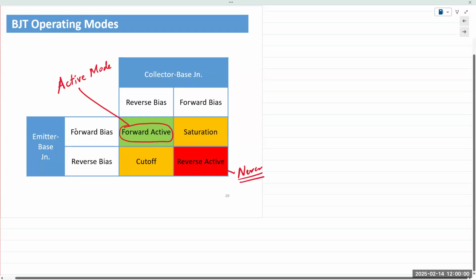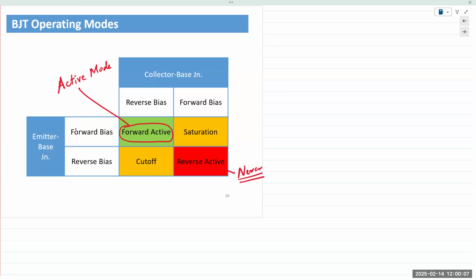It still behooves students to become familiar with the reverse active mode, because if you're performing an analysis on a system as an engineer and the system's not working right, or not working correctly at all, then you should be able to recognize if the transistor went into the reverse active mode or not. When both junctions are reverse bias, you get reverse active mode. And if both junctions are forward bias, you have the saturation mode.